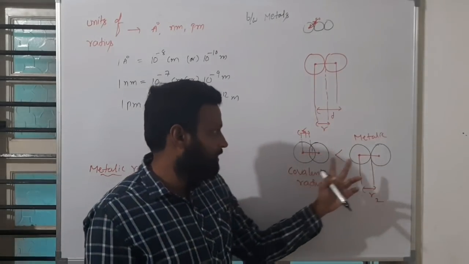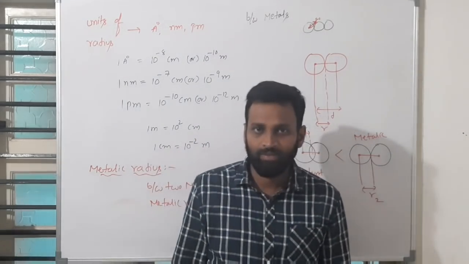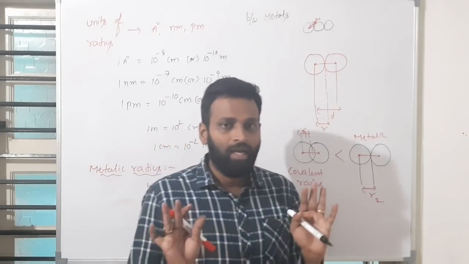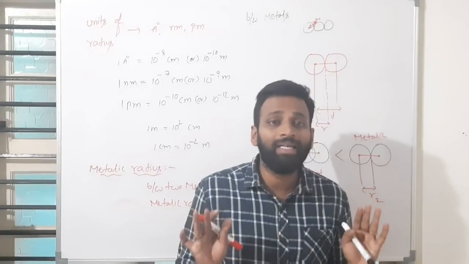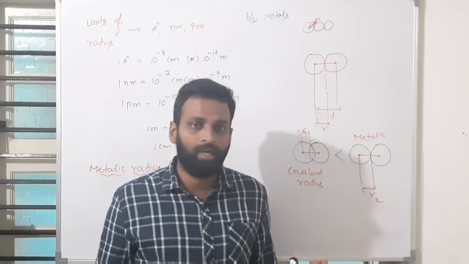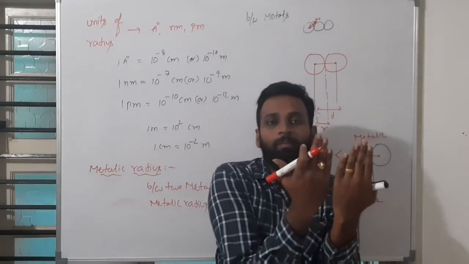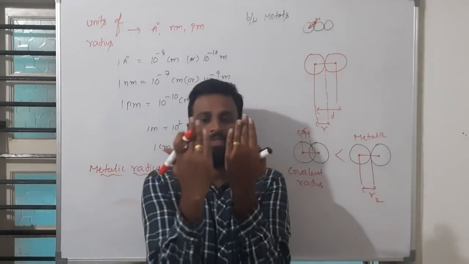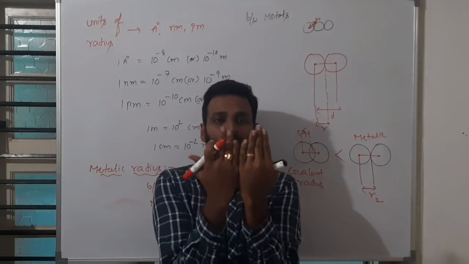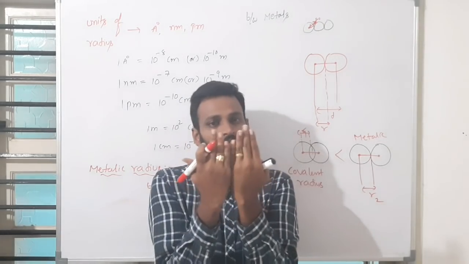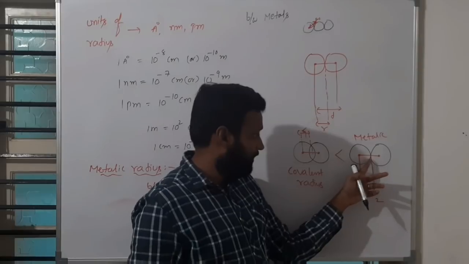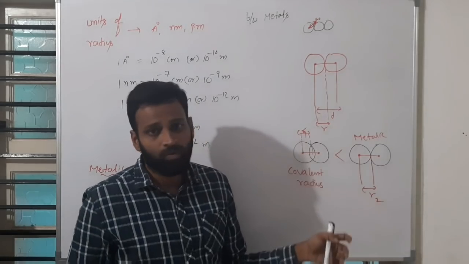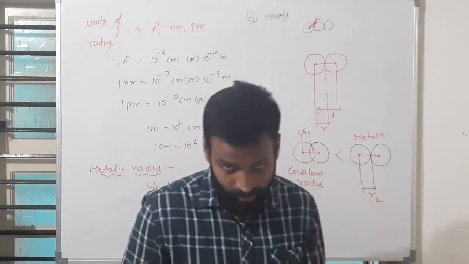But whether metallic radius or covalent radius is bigger, they'll ask you for certain elements. In metallic bonds the approach is not very close, whereas in covalent molecules the approach is very close. See, here the distance is more, so certainly half of the internuclear distance will be more. So metallic radius will be more than covalent radius.